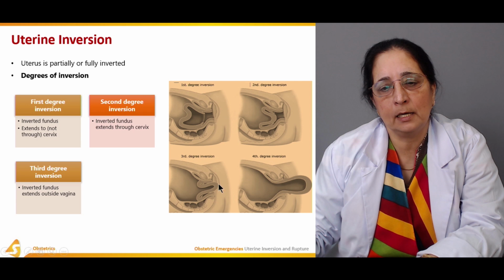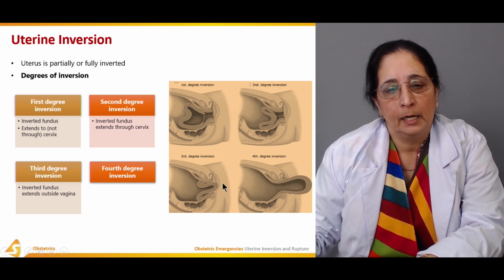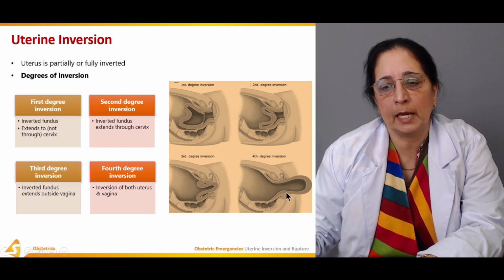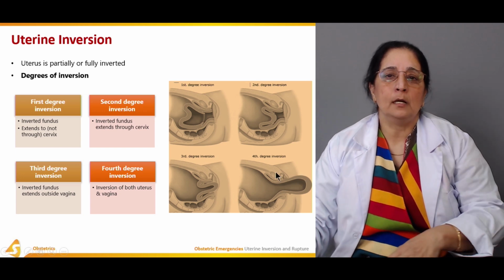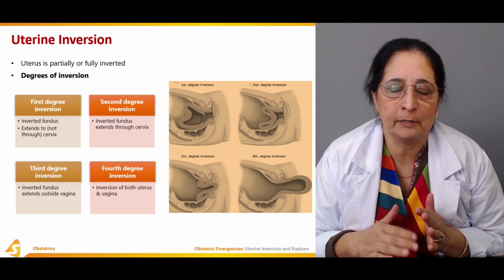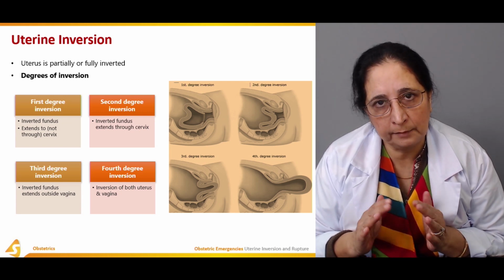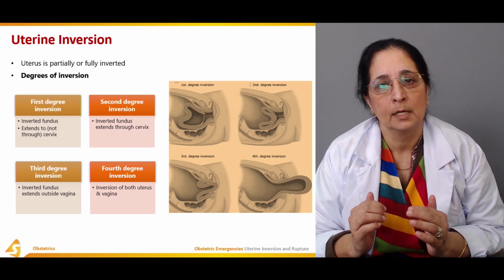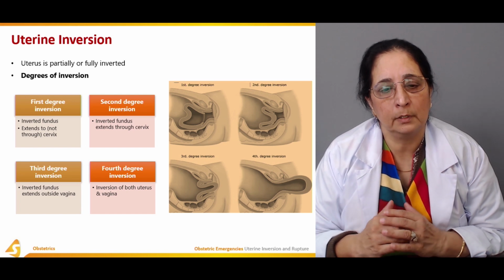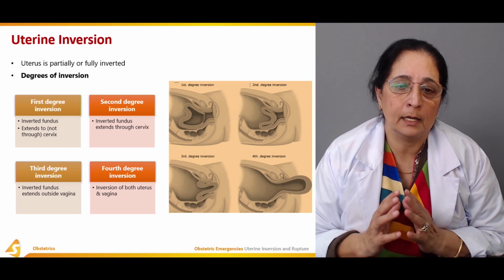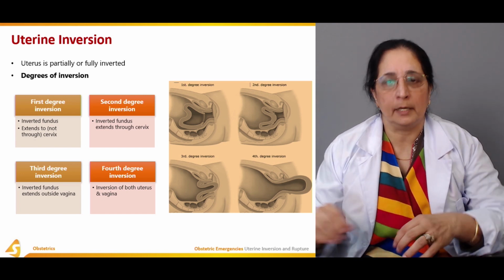Now it's extending out of the vagina. And in fourth degree inversion, both the inverted uterus and the vagina are completely inverted. So these are the 4 degrees of uterine inversion. First degree is just the fundus inverted, then second it goes up to the cervix, third it is out of the vagina, and in the fourth both the vagina and the uterus are inverted.